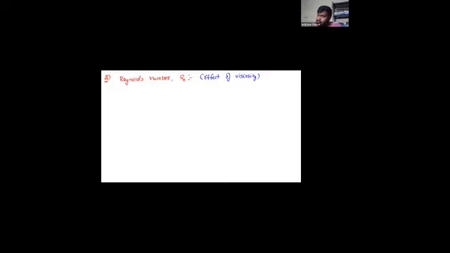So in the case of the Reynolds number, Re is nothing but rho V L by mu, where L is the characteristic length.